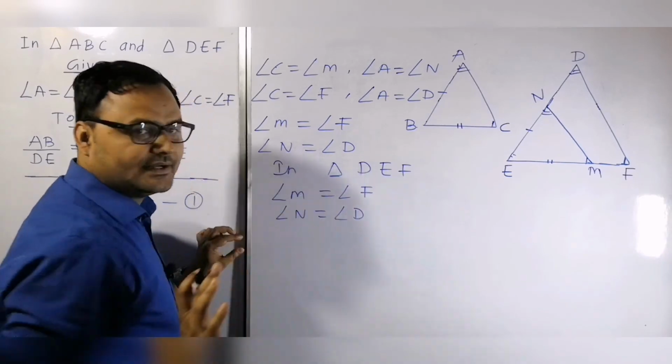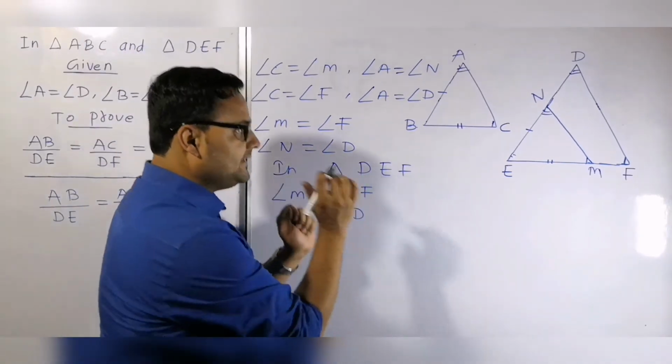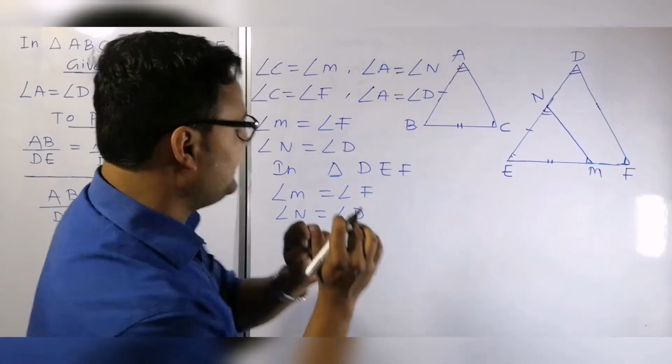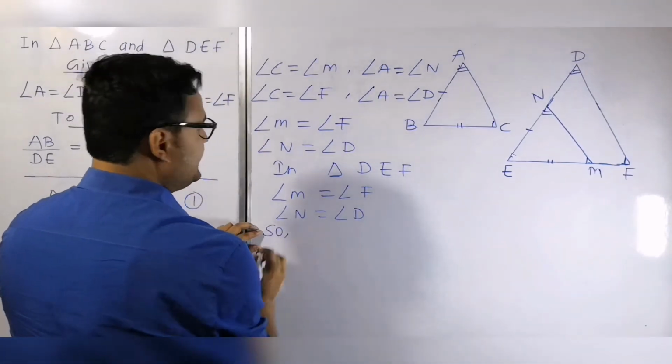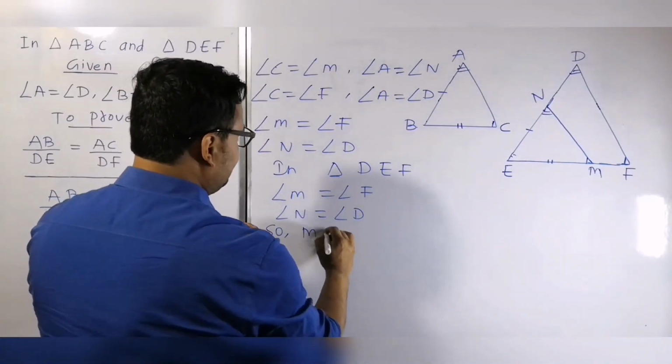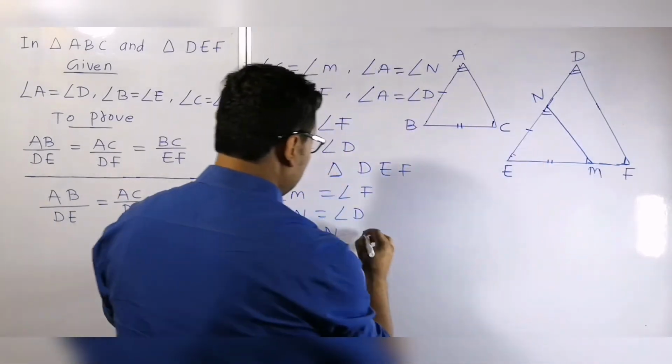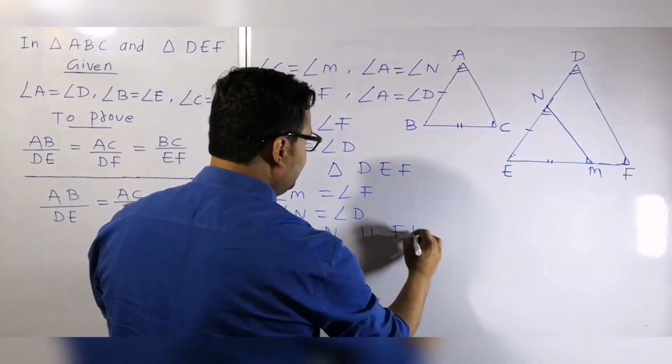They are corresponding angles, and when the corresponding angles are equal, the lines must be parallel. So we can say MN is parallel to FD.